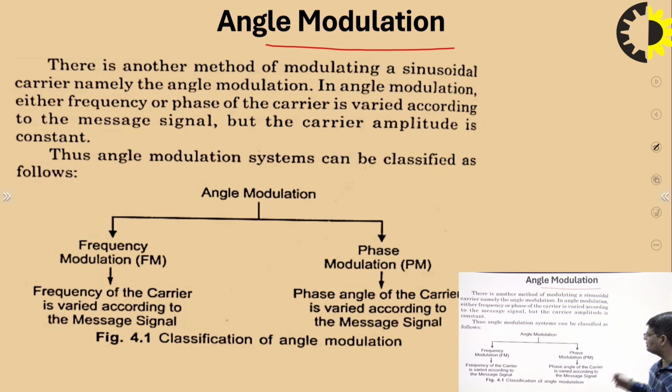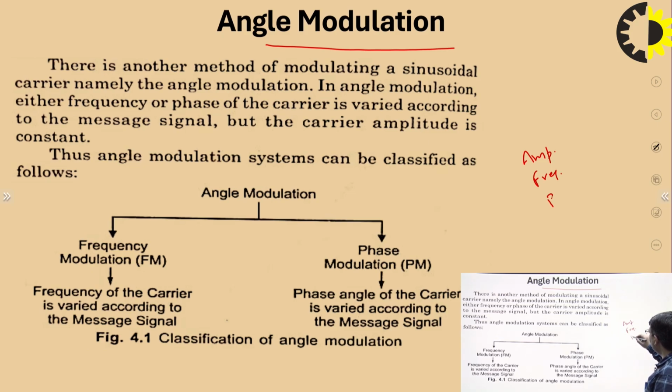These characteristics may be the amplitude, the frequency, or the phase of the carrier. So these are the three characteristics that can be varied for the carrier signal. These two types of modulation are covered under the heading angle modulation.